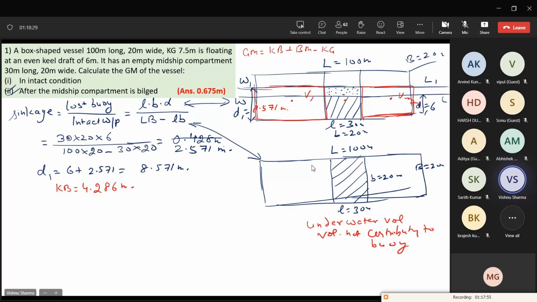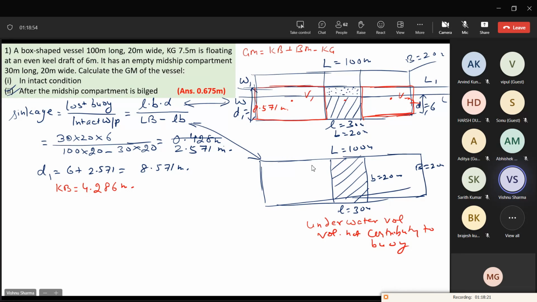What is the underwater volume up to W1L1 in the notational form? Capital L into capital B into D1. Everybody agrees that up to W1L1, the underwater volume is represented by capital L into capital B into D1.